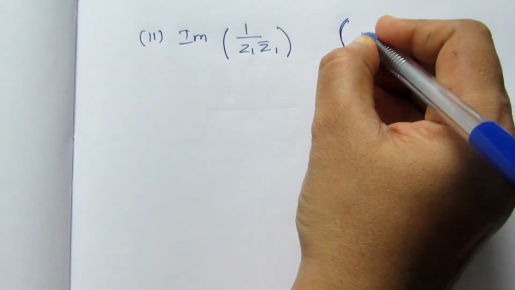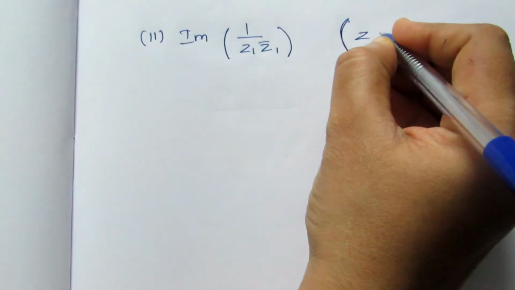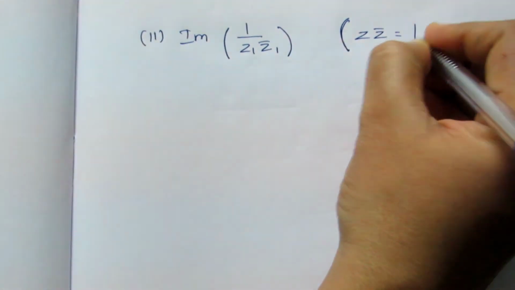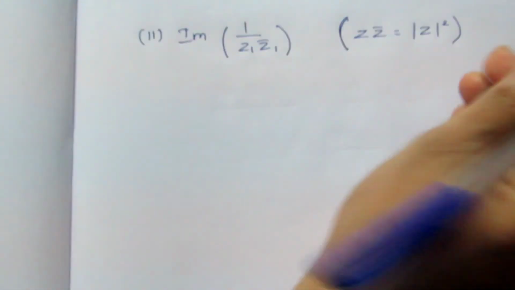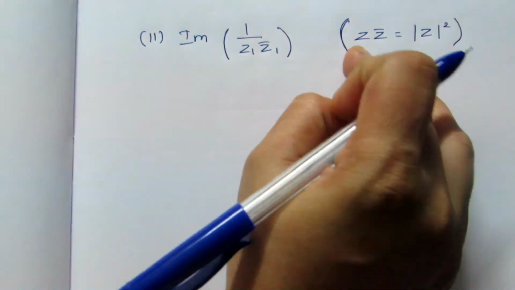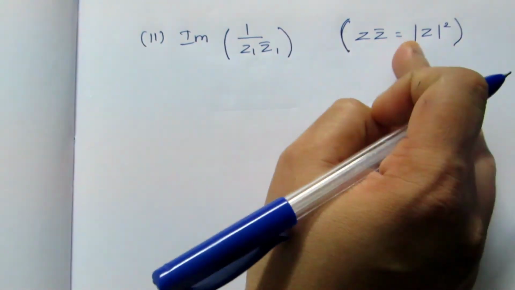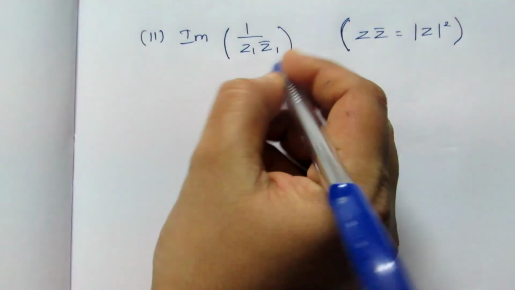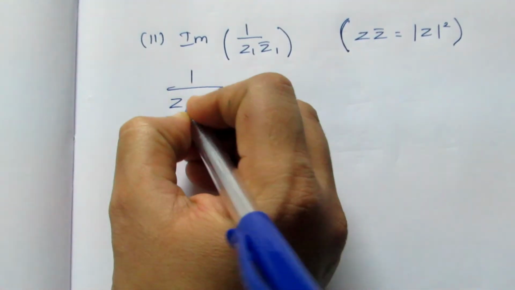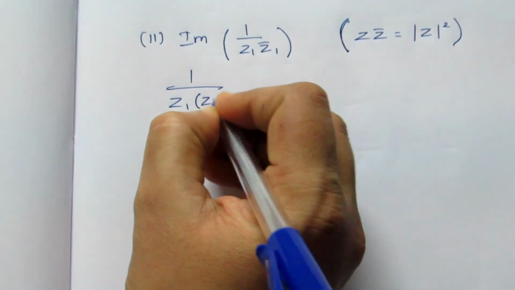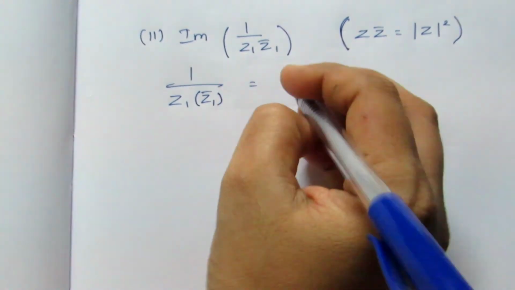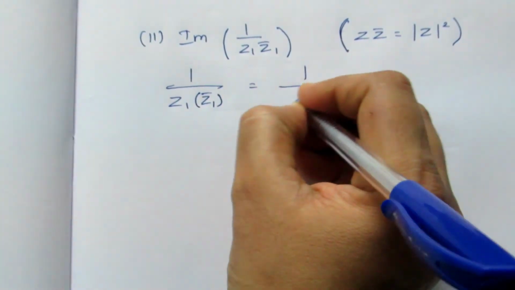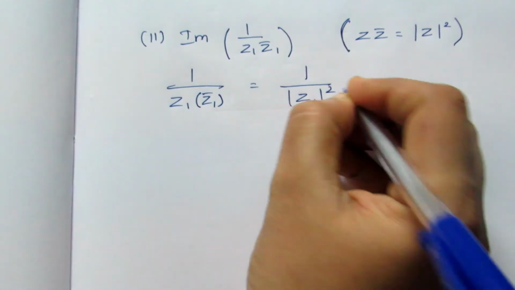Those who have not seen it, please go through it. z into z conjugate is equal to modulus z square. So I am going to substitute the formula over here. 1 by z1 into z1 conjugate is equal to 1 by modulus z1, the whole square.